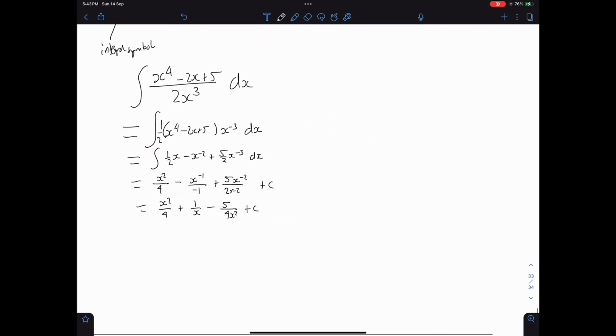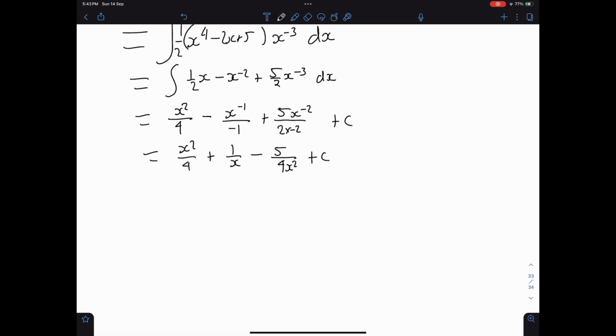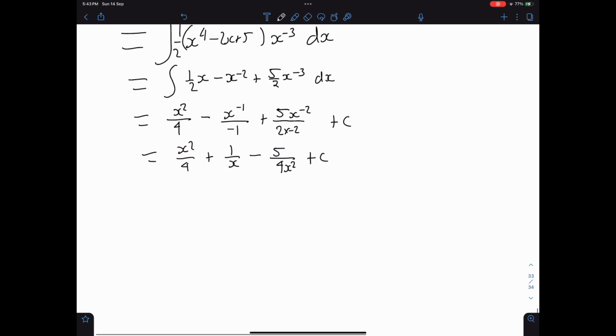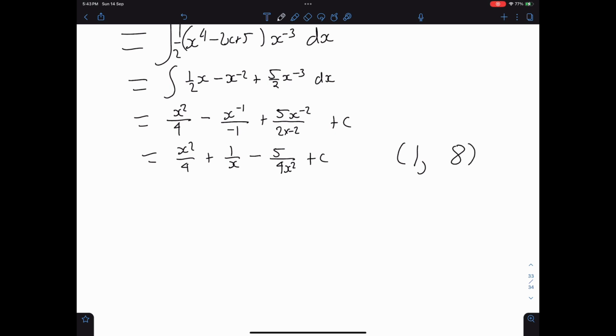Now, if you are given a point that the curve goes through, then you can evaluate what c is. Say it goes through the point (1, 8), then you can say that 1 squared over 4 plus 1 over 1 minus 5 over 4 times 1 squared plus c will equal 8, right?